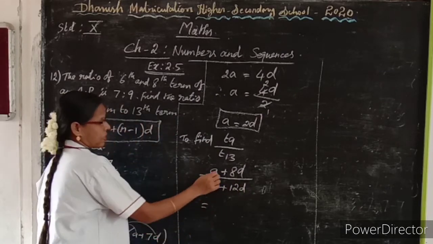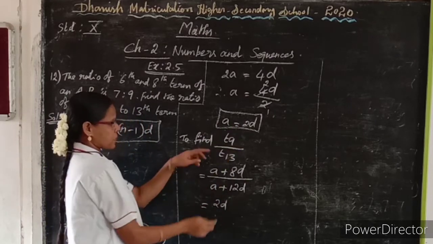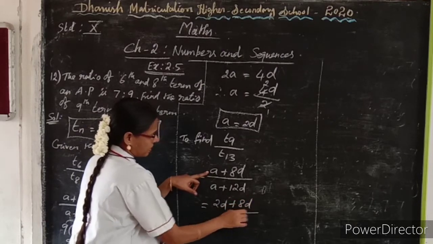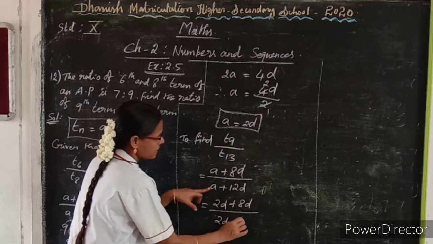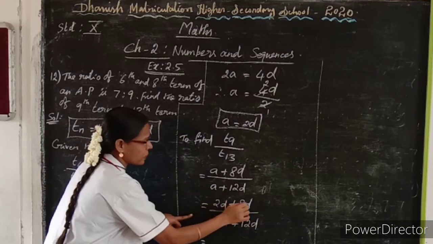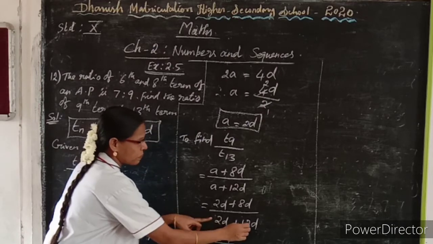Here A is 2D, so substitute. 2D plus 8D, that is 10D, divided by 2D plus 12D, that is 14D.